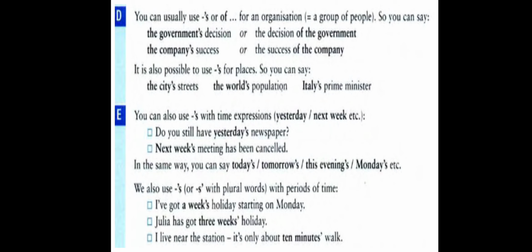Here weeks is plural, so we use apostrophe after the s to express possession. I live near the station. It's only about 10 minutes' walk. Minutes here is plural, ends with s, so we add apostrophe only to express possession. Thank you.